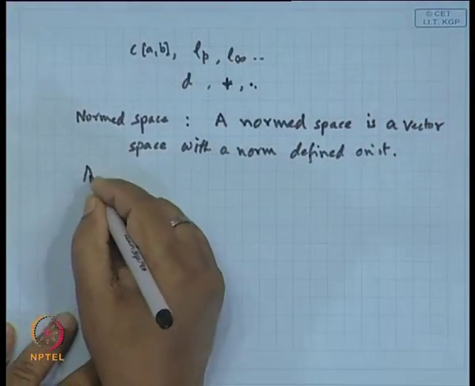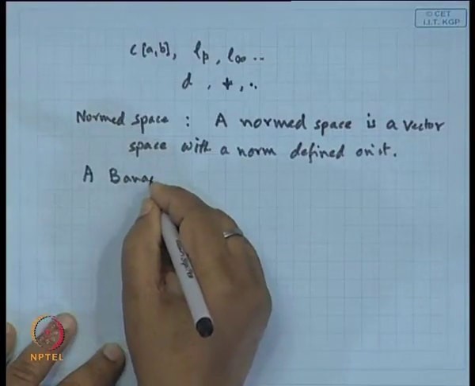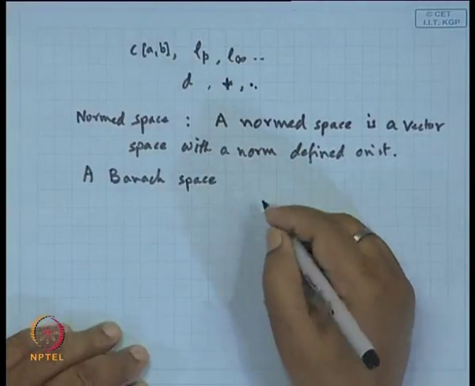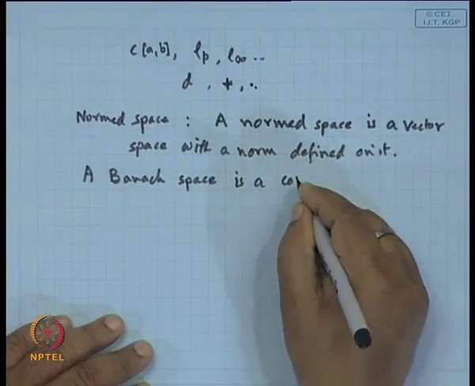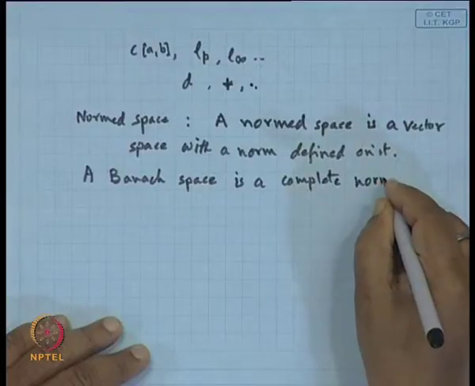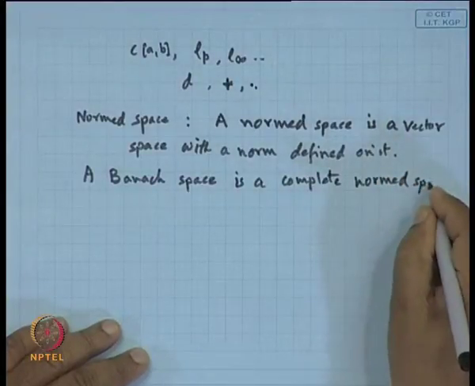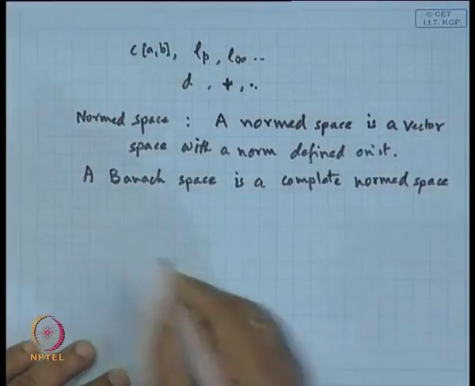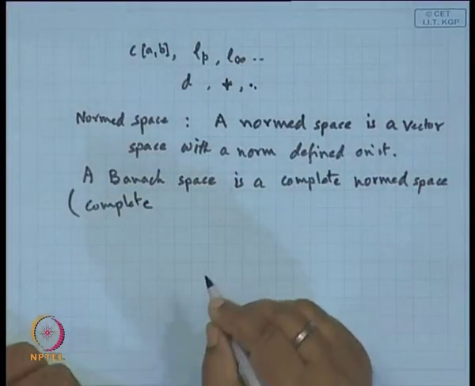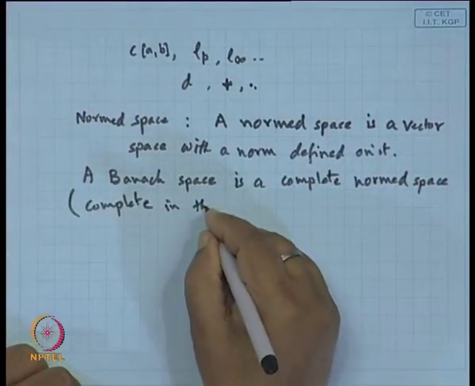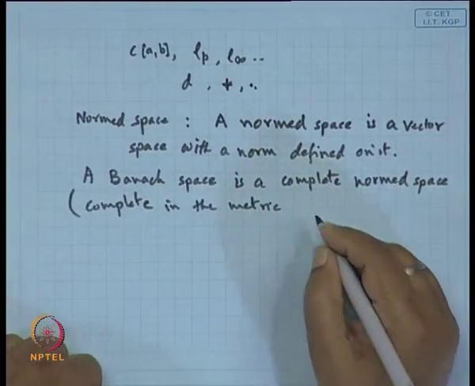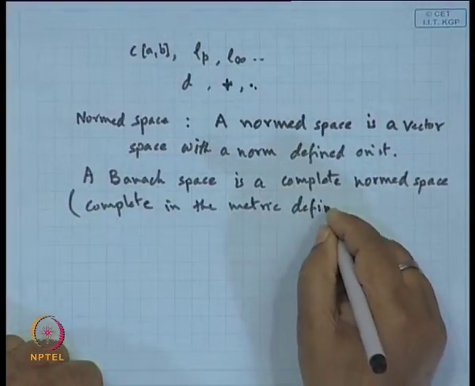A Banach space is a complete normed space, where the completeness is completeness in the metric introduced or defined by the norm.